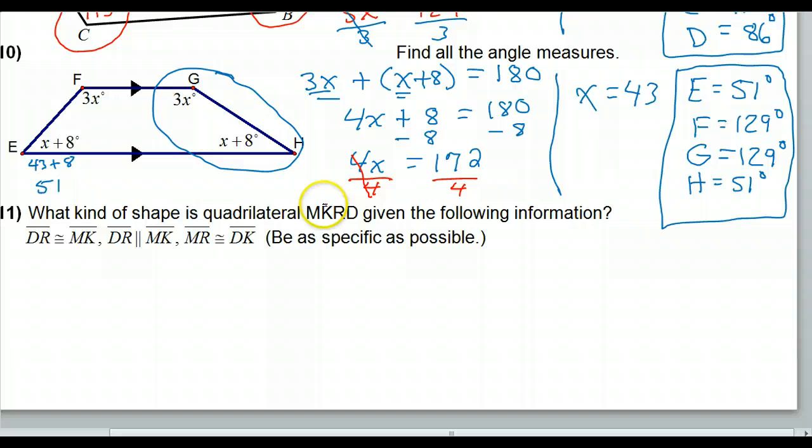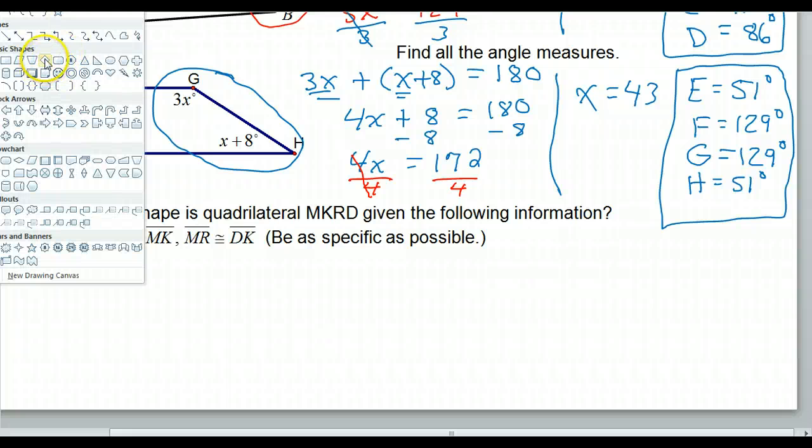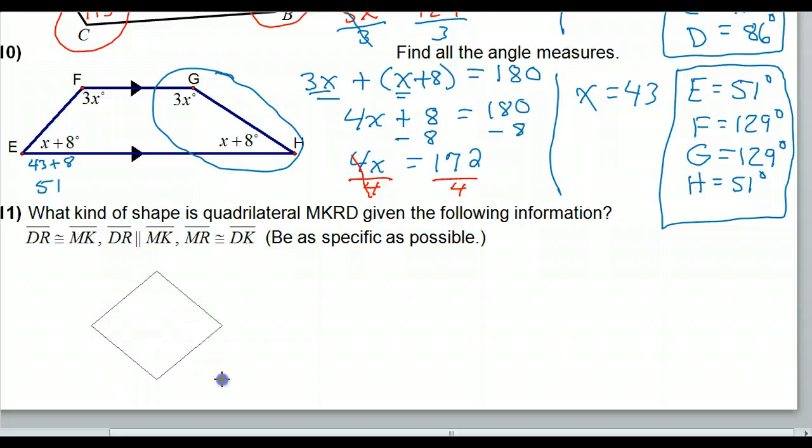What type of quadrilateral is MKRD? Be as specific as possible. Okay, so if I were you, I would just draw some random quadrilateral at first. Now, we don't know if this is a square, rectangle, or a kite.